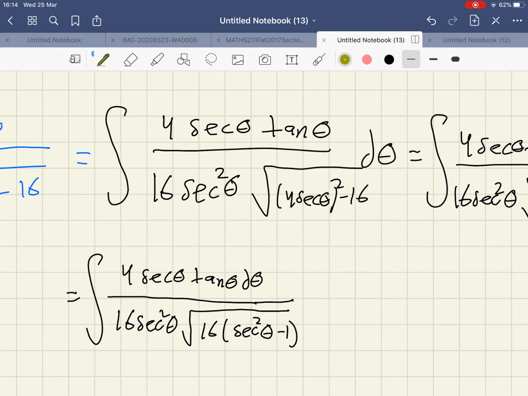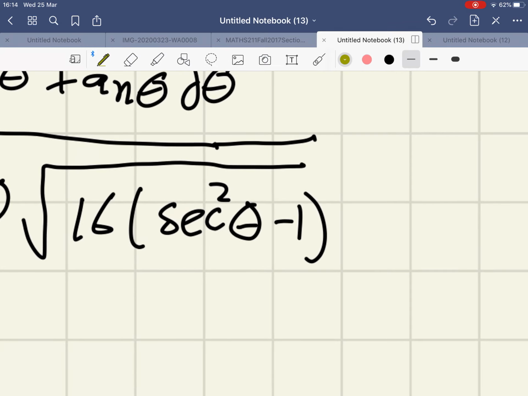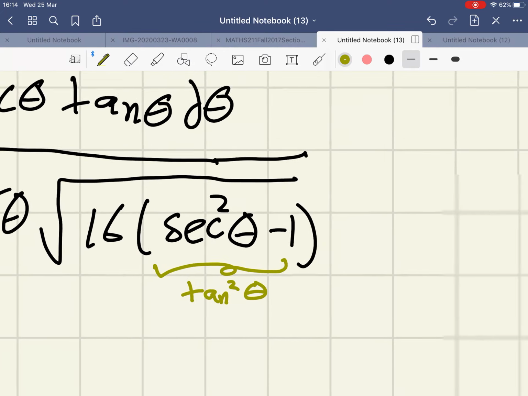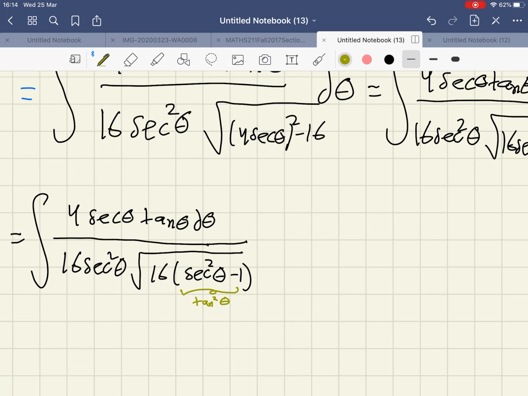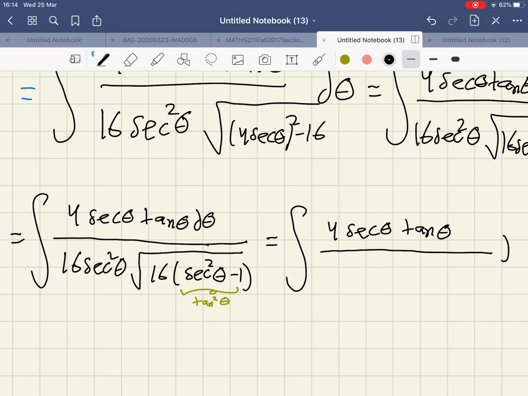Now zoom in. This one we know, and that's the whole story, because this is simply tan squared theta, and that will simplify the integral for me. So this would be integral of, the numerator would be the same, and here the secant squared, the first one, is the same.